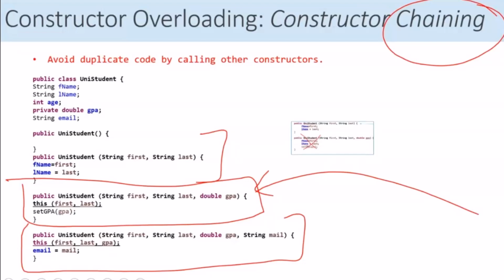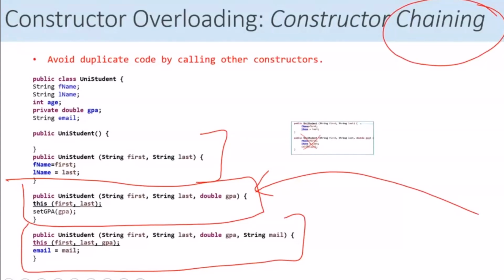See what happens here. What do you see, the first line? This, what? First and what? What is the data type of first and what's the data type of last? Yes, guys. In the constructor, if you say this, it means you are calling another constructor. You get this. In the constructor, if you say this, you are calling another constructor.